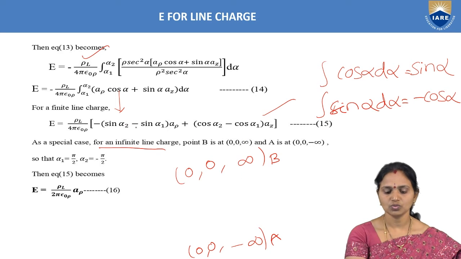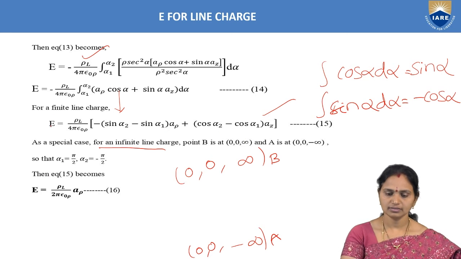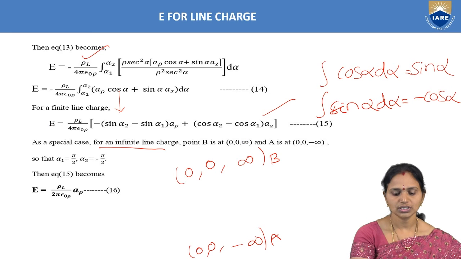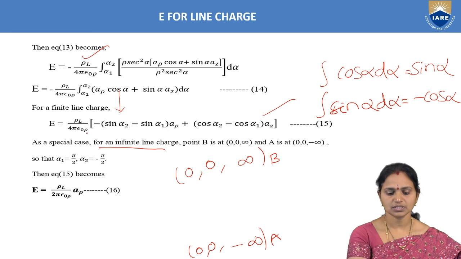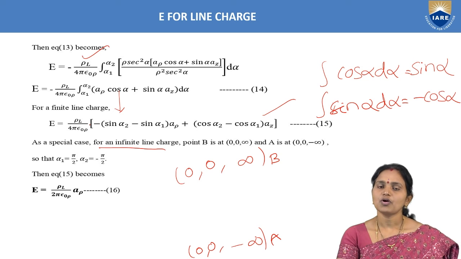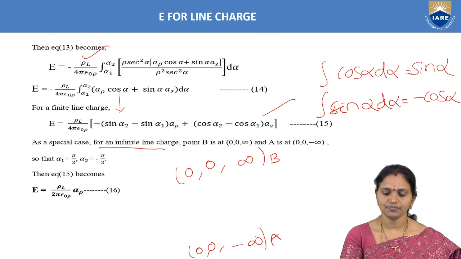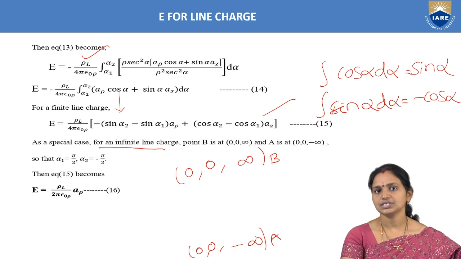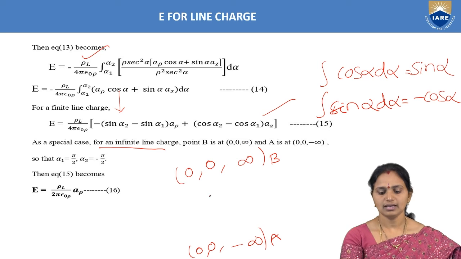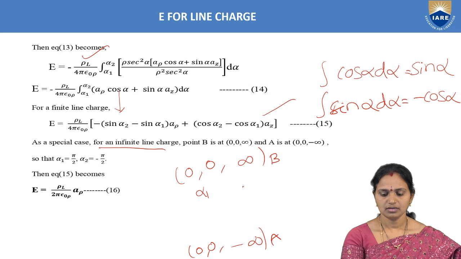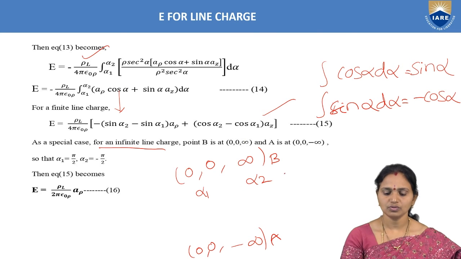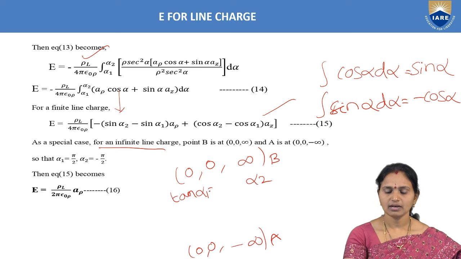Now by substituting these sin alpha 2, sin alpha 1 terms in this equation, we will get the simplified term for E, that is field strength. E equals rho L by 4 pi epsilon naught rho. Here, if points A and B are shifted to minus infinite and plus infinite, then their corresponding angles also will change. We have to calculate both alpha 1 and alpha 2. To calculate them, I take tan alpha 1.